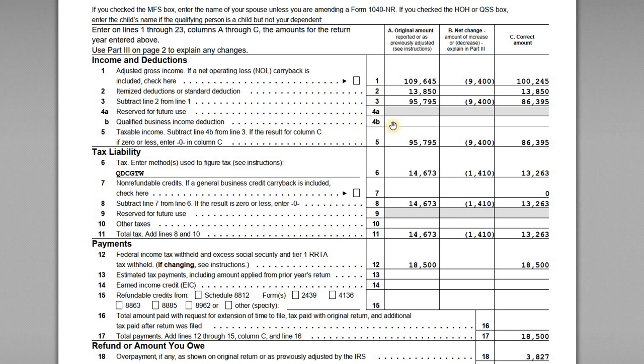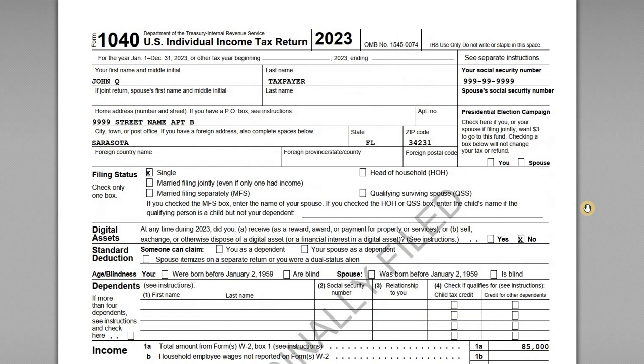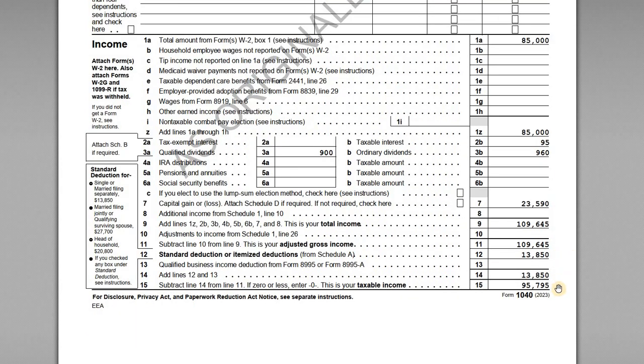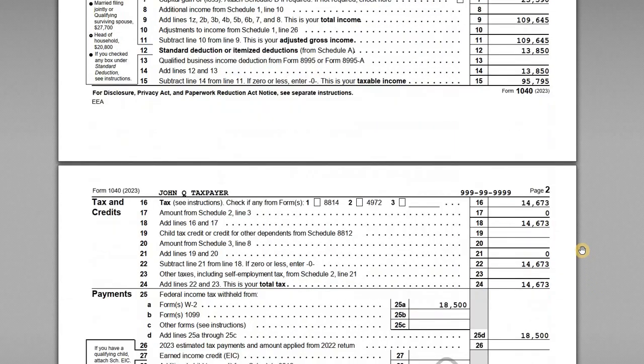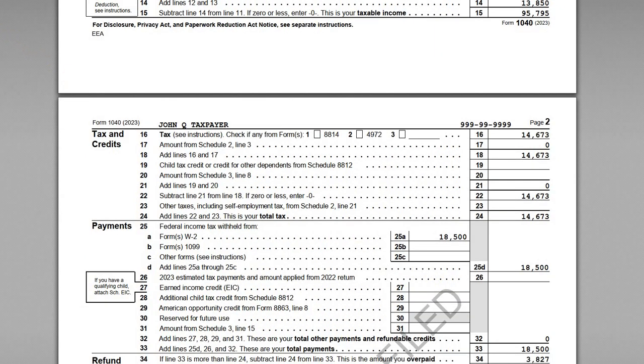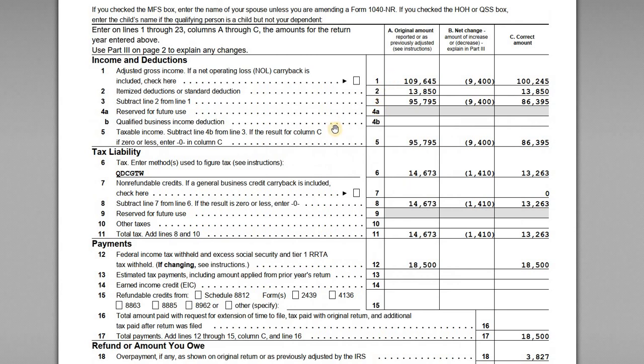So any items that you see here on lines 1 through 11, whatever was originally reported, transfer over to column A and just move on down the list. We'll need things like the adjusted gross income for the taxpayer, the amount of any adjustments, the standard deduction, taxable income, and then the amount of tax calculated on the taxable income, as well as any withholding or estimated payments that were made. So if we look at the return, we have the AGI from the original return.